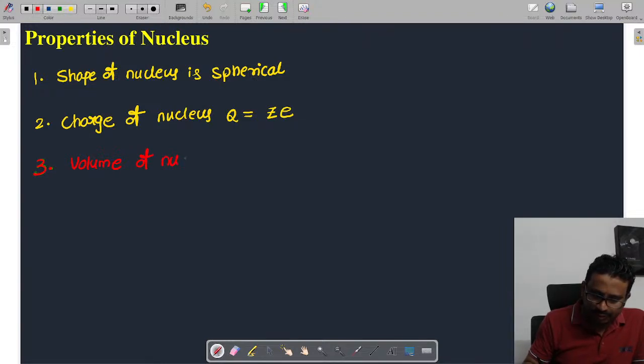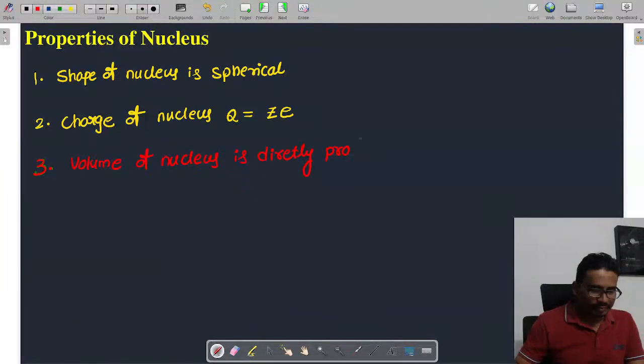Volume of nucleus is directly proportional to the mass number.